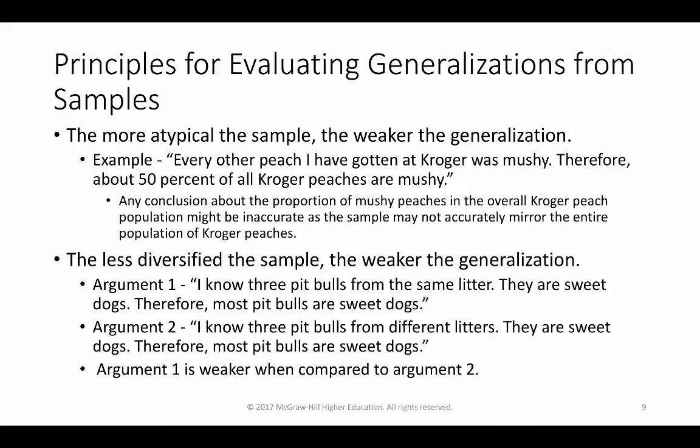They are sweet dogs, therefore most pit bulls are sweet dogs. The first argument only uses a sample from 1 litter of puppies, while the second argument uses more than 1 litter to draw the conclusion that most pit bulls are sweet dogs. That more diversified sample is more likely to mirror the population.